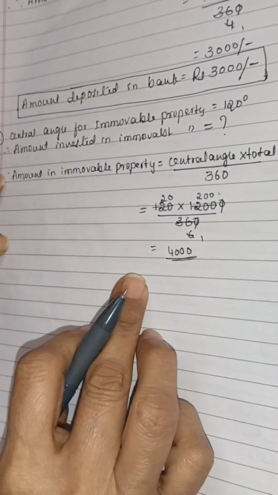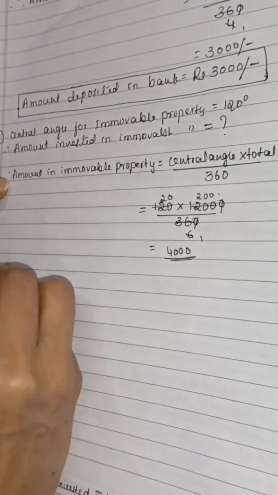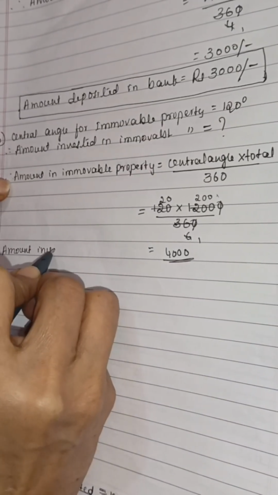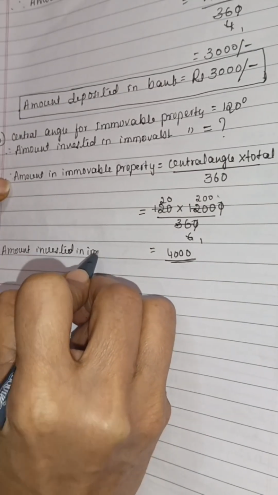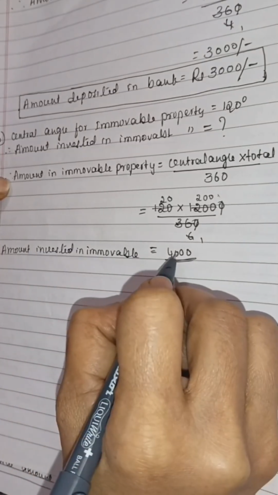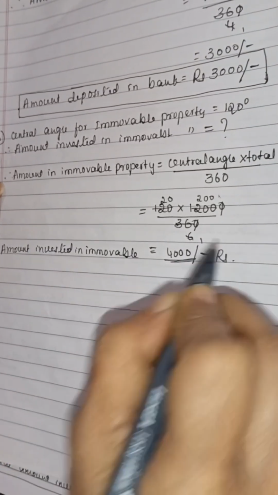This is the amount invested in immovable property, rupees 4,000.